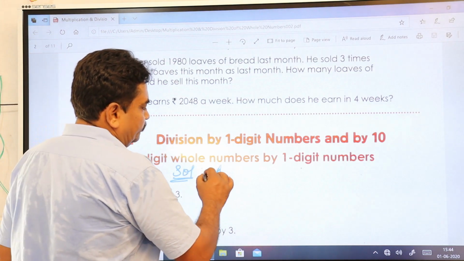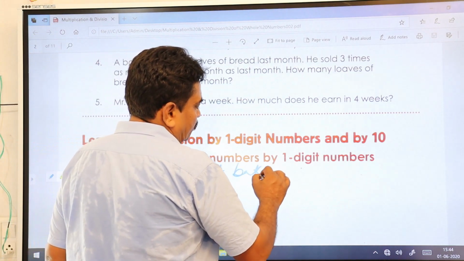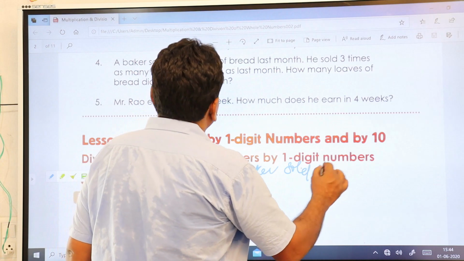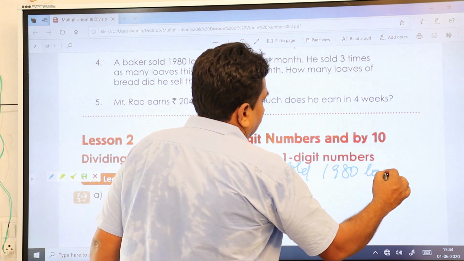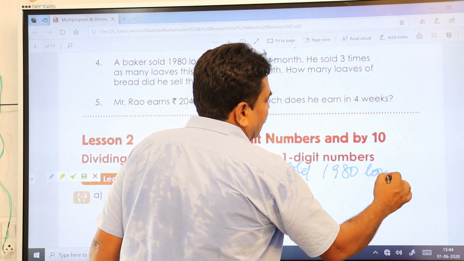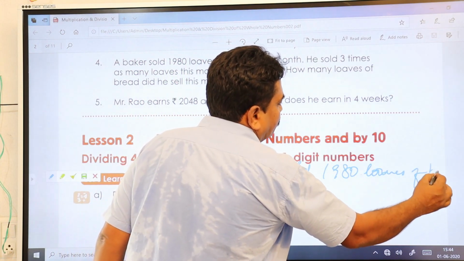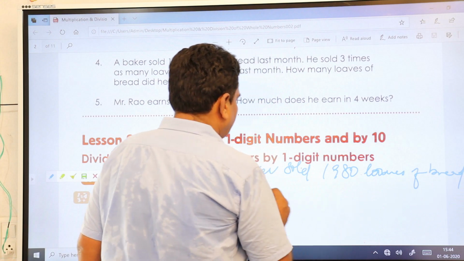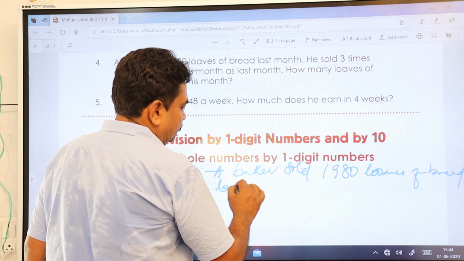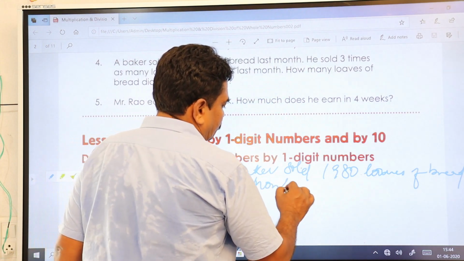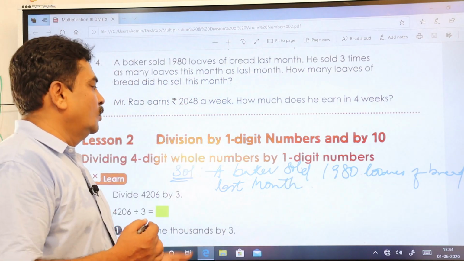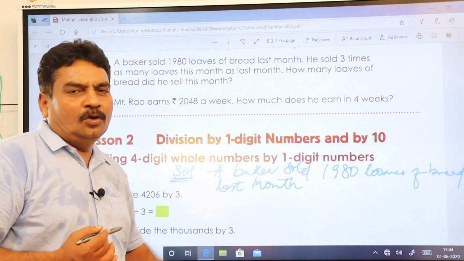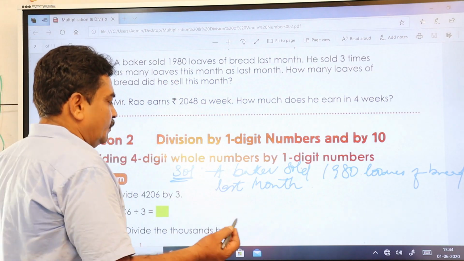A baker sold 1980 loaves of bread last month. This month he sold 3 times more than the previous month.